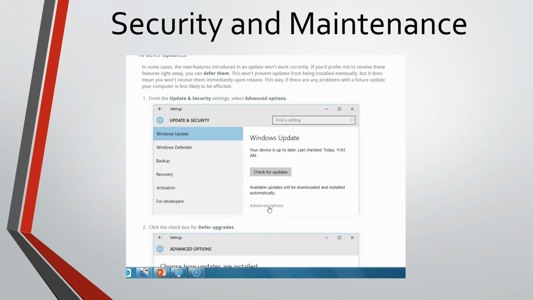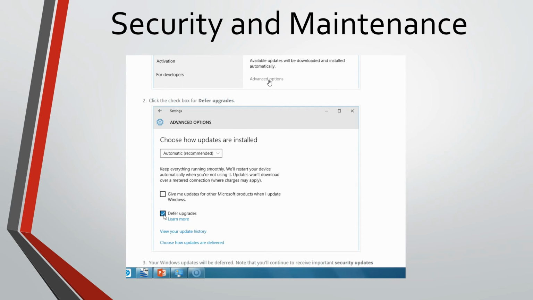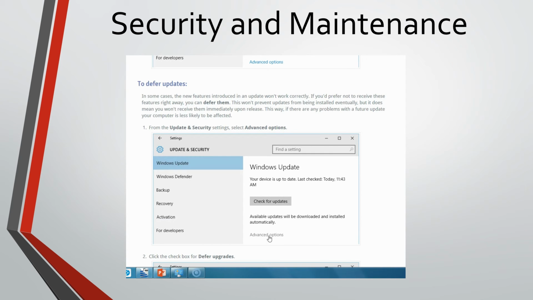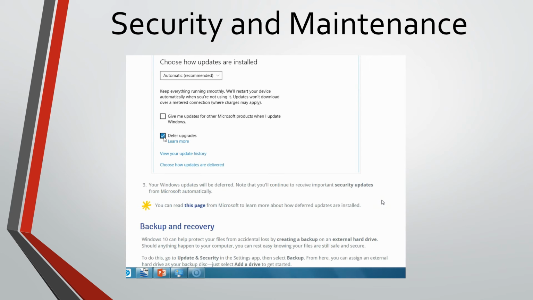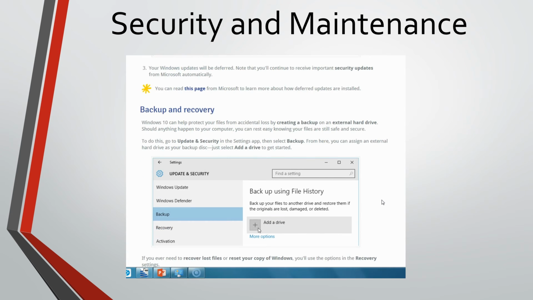So you can do that through your Windows Update. By pushing on the Windows Update, you go to the Advanced Options. From there, you can check the box for Defer Upgrades. Your Windows Update will be deferred, but note that you'll continue to receive important security updates from Microsoft.